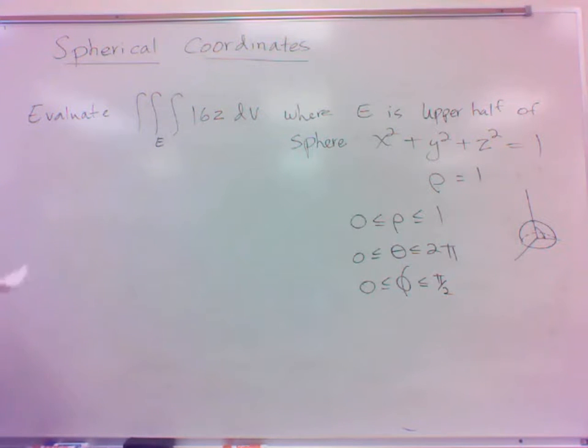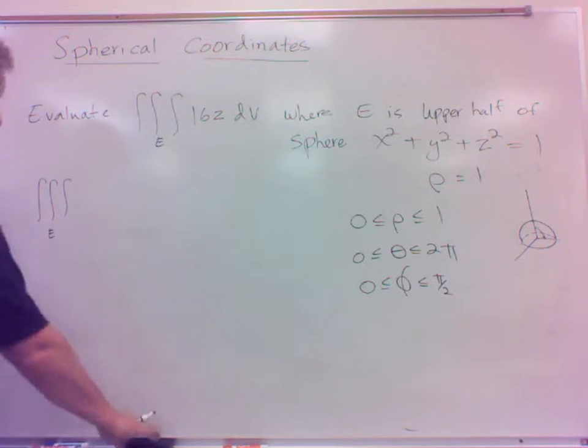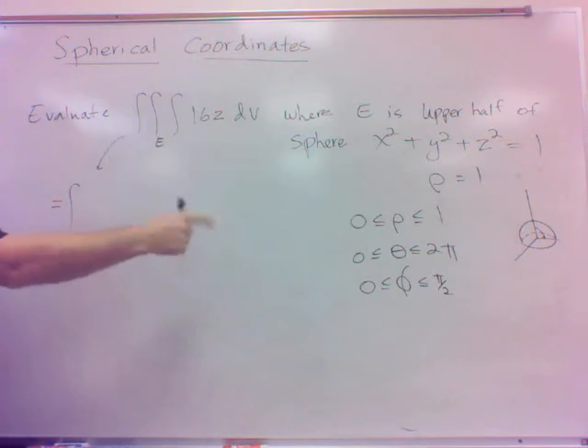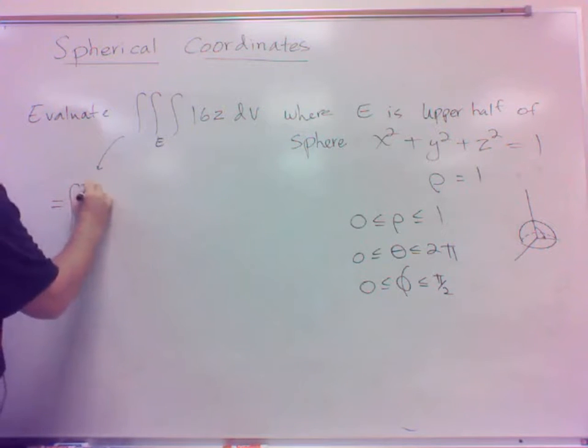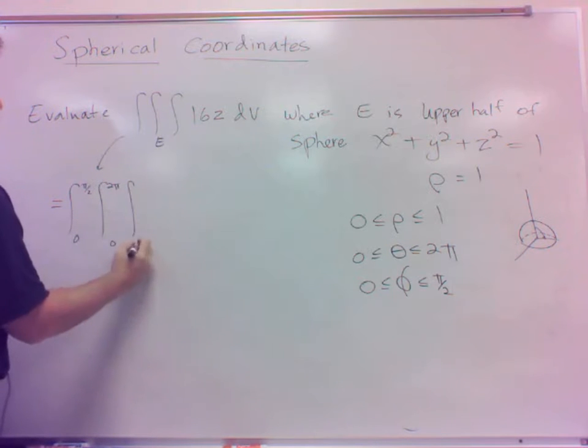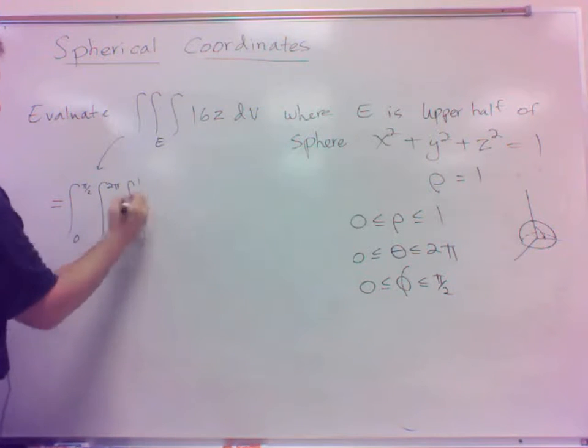All right, so that makes our triple integral. Phi is going from 0 to pi over 2. Theta is going from 0 to 2 pi. And rho is from 0 to 1.